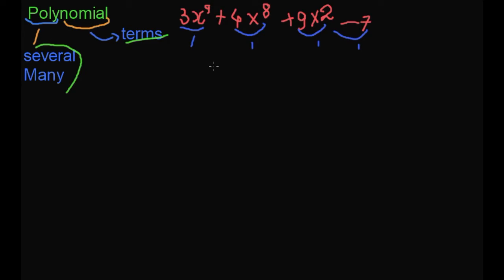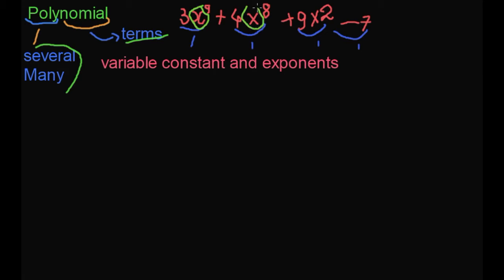So what are variable, constant and exponent? First of all, variable. This x is called the variable in this function.